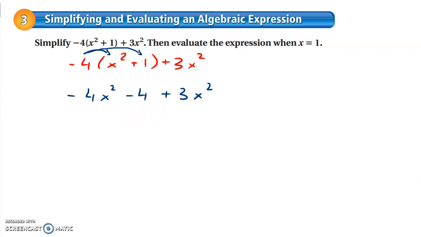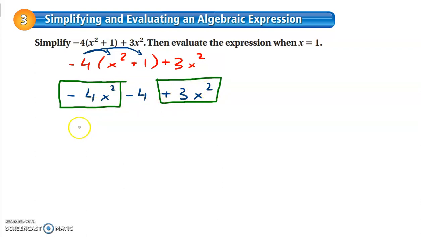Are there any like terms? Well, right here we've got an x squared, and here's an x squared. So negative 4x squared plus 3x squared gives me negative 1x squared minus 4. Now, they are saying to evaluate, that means find a value when x is 1.